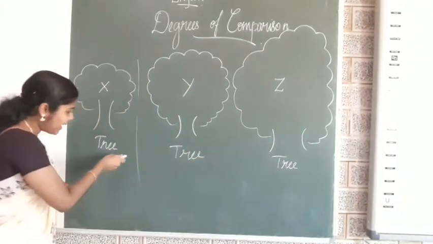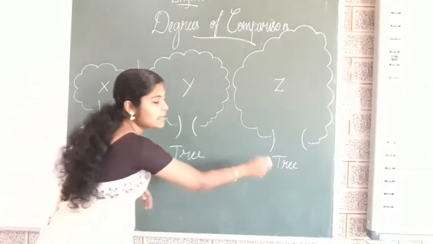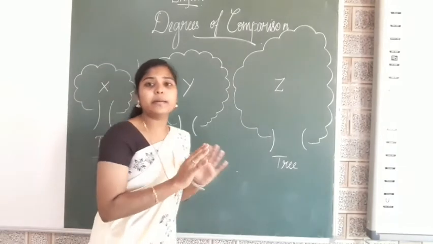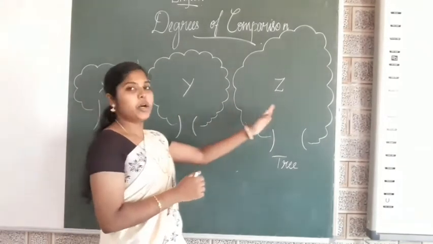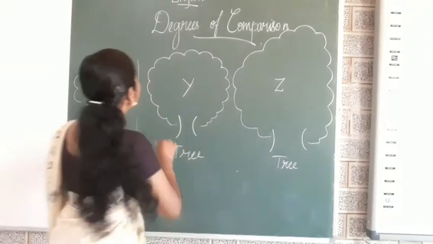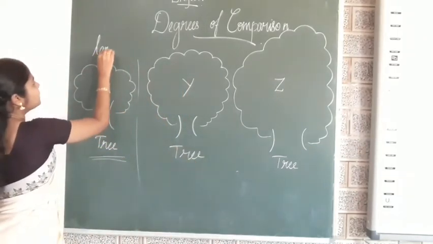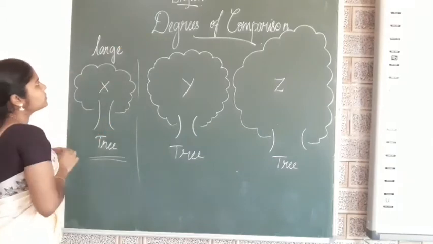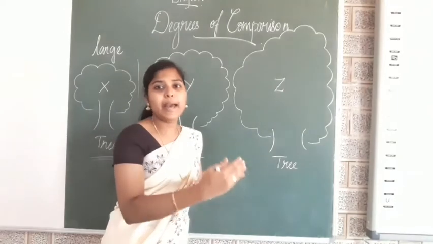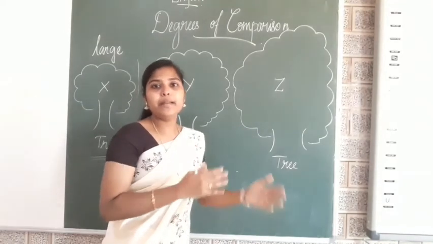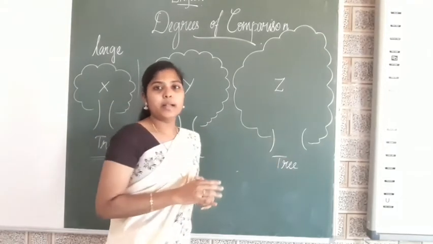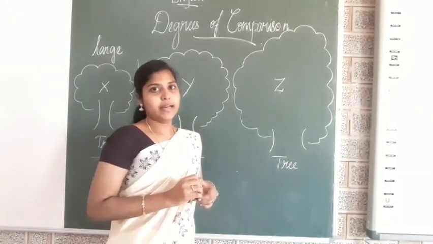Without comparing this X with Y or Z, I am saying X is a large tree. Here, the adjective is large. X is a large tree. So, without comparing this particular adjective with any other, it is called positive degree.